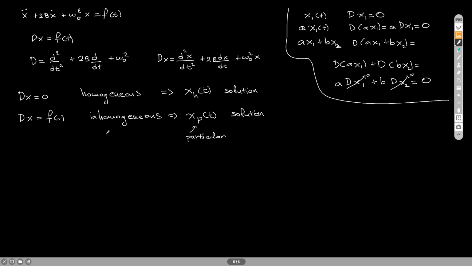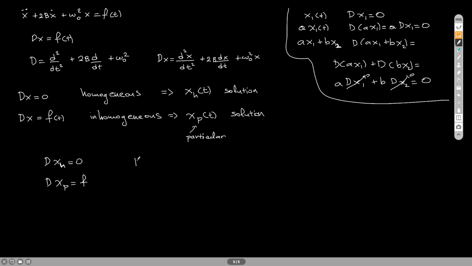All right, now I'm going back to what I was saying before. Since x sub h is a solution to the homogeneous equation, D x sub h is 0. And because x sub p is the solution to the inhomogeneous differential equation, I have this to be true.